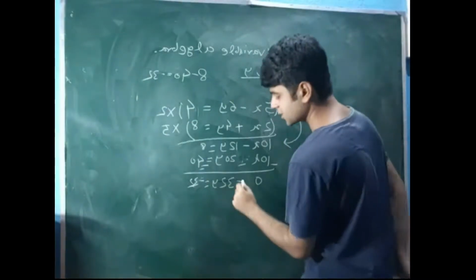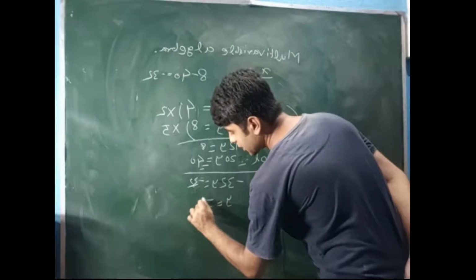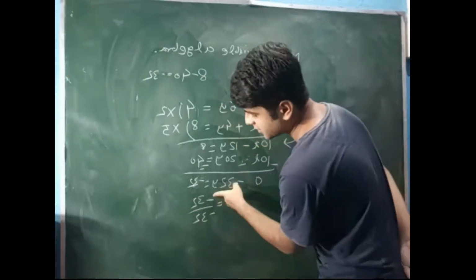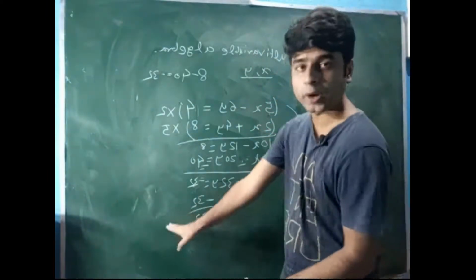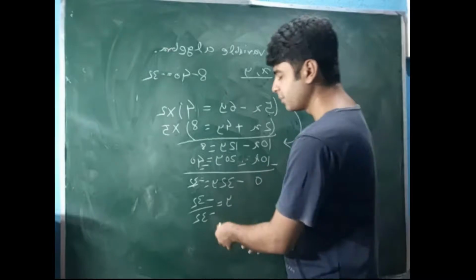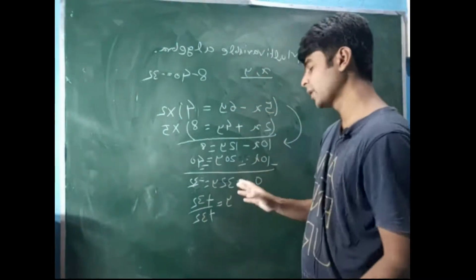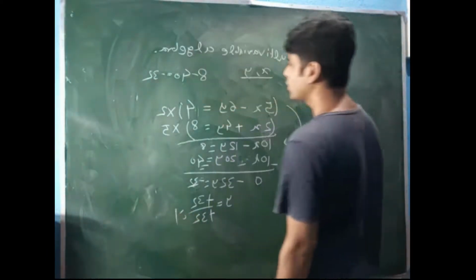So we can say that y is minus 32 divided by 32, and we can cancel out the minus terms from up and down. So we get 1. So y equals 1.